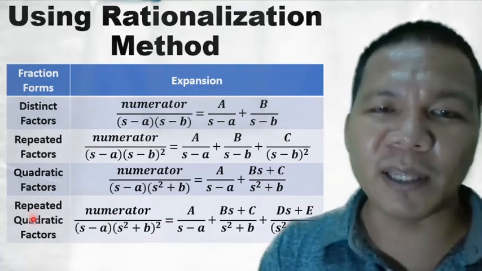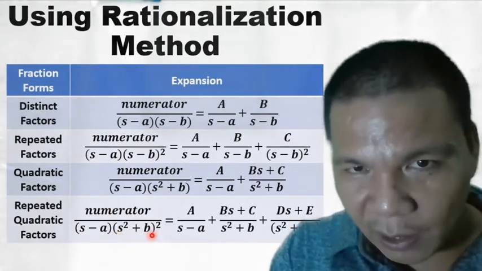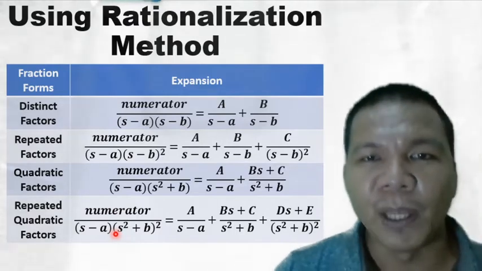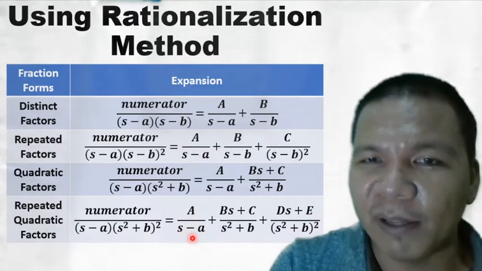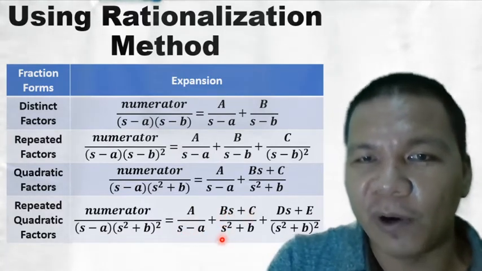Now for the repeated quadratic factor, in the denominator you have a quadratic that is repeated. When you expand this, it is A all over s minus a plus Bs plus C all over s squared plus b.